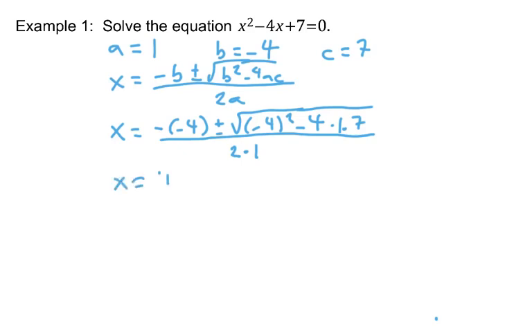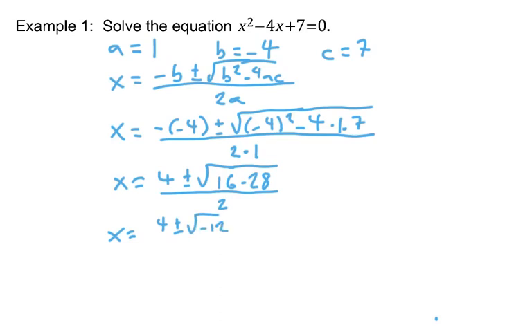Negative 4, that's positive 4. Under the radical, negative 4 squared is 16. 4 times 1 times 7 is 28. Simplifying the radical a little bit farther, 4 plus or minus the square root of 16 minus 28, which is negative 12.